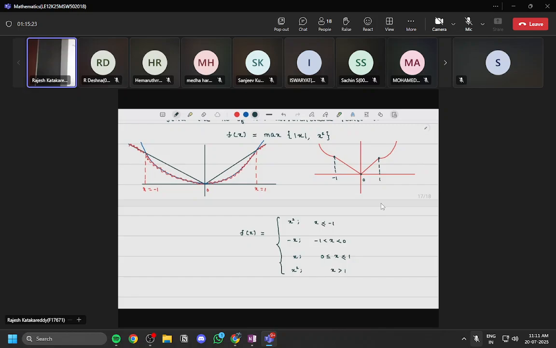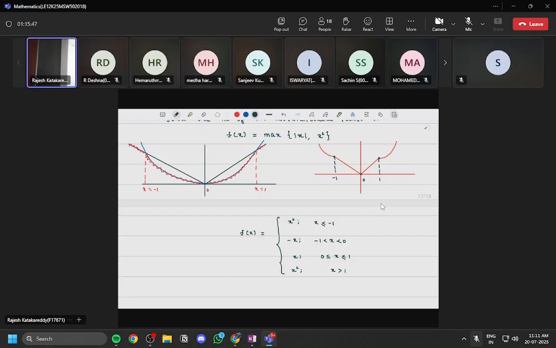Do you understand how I wrote this definition? See, I wrote x square here because when x is less than -1, the graph of x square is clearly lying above mod x. Clear? And I wrote this should be mod x. Mod x also has a break-in. It will be minus x when x is in between -1 to 0. This is minus x.